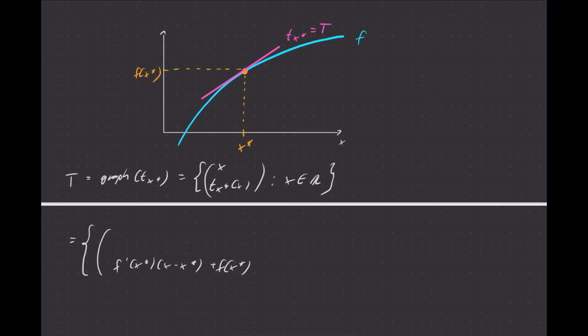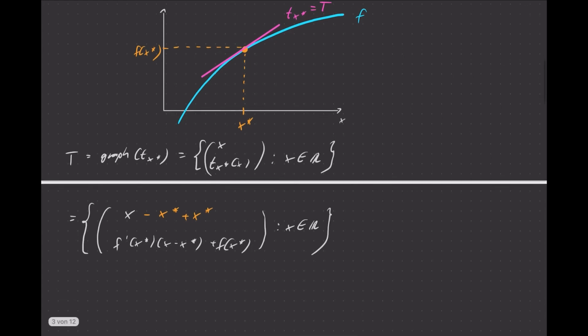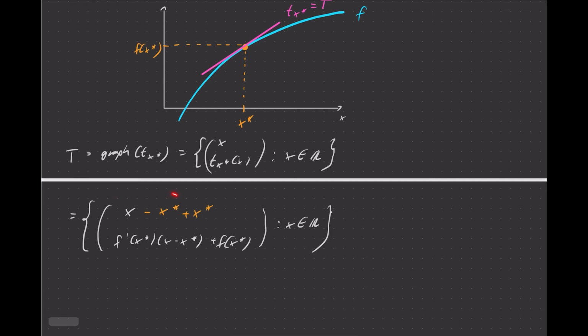For the first element of that vector, we still have our x. And for reasons that will become clear in just a second, we're going to modify that a little. We're going to subtract x star and then add x star back. So in effect, we're adding 0. So this is just for the sake of a nicer representation in the end. x in R. And now what we can do is split this term up into a constant part and a part that still relies on x.